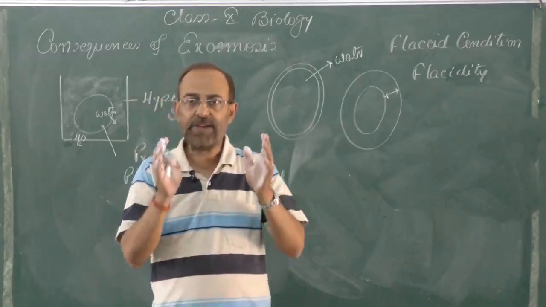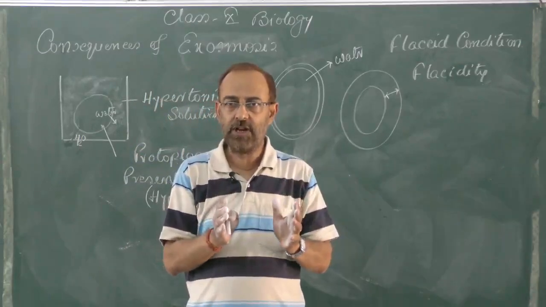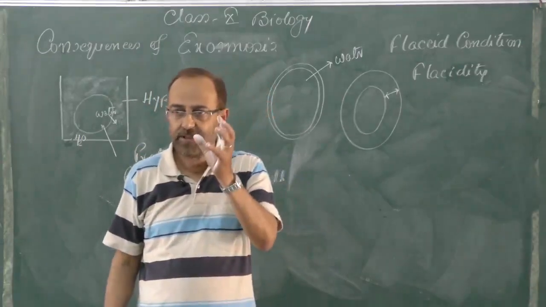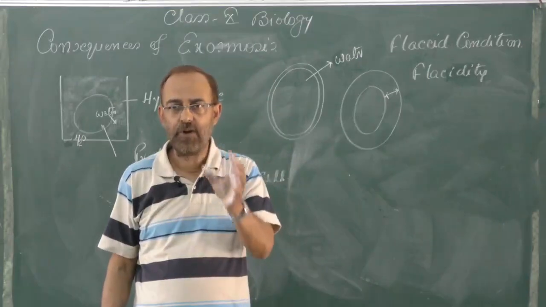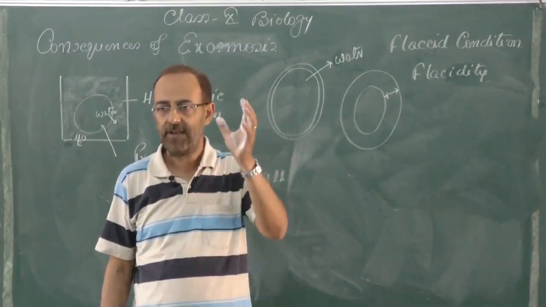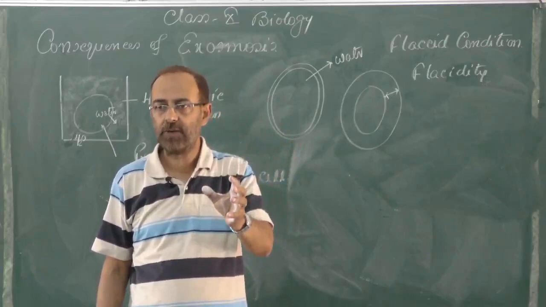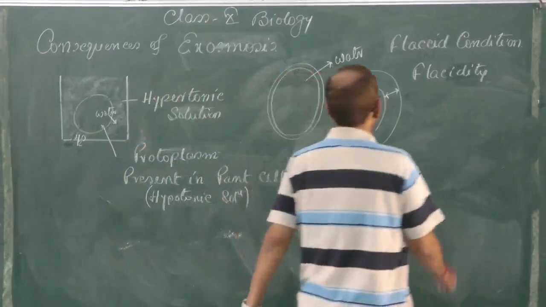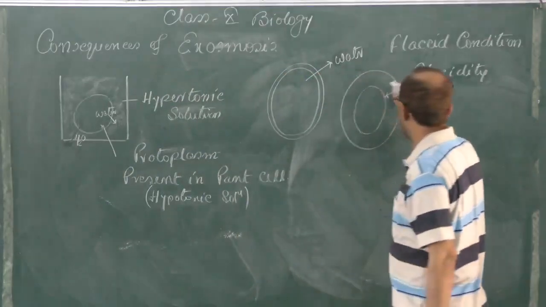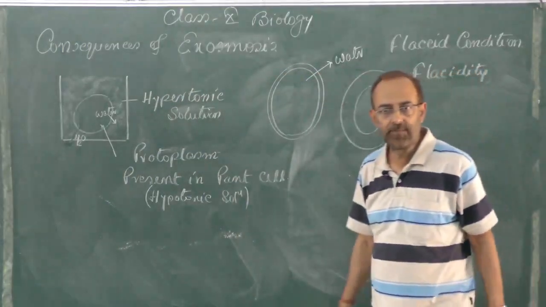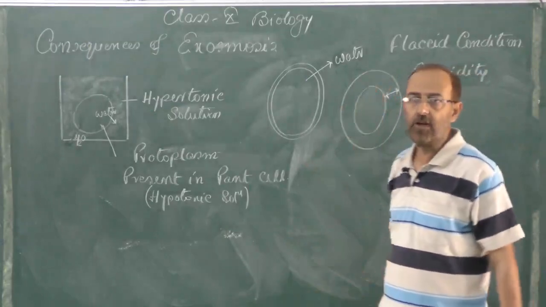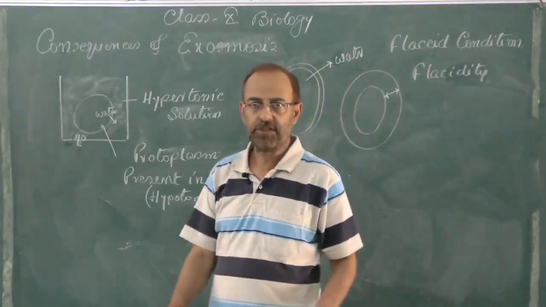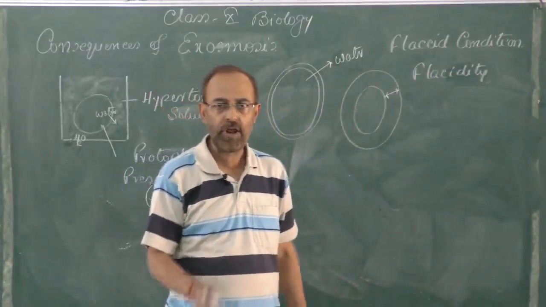So, when a cell is placed in a hypertonic solution, there will be shrinkage in the protoplasm of the cell due to the decrease in the water content of the protoplasm as a result of exosmosis, and the cell can be seen with a large gap between cell wall and the plasma membrane. This condition is called flaccid condition of the cell. Okay?